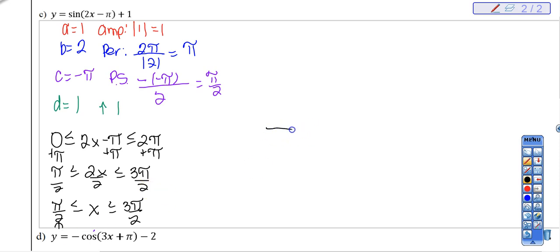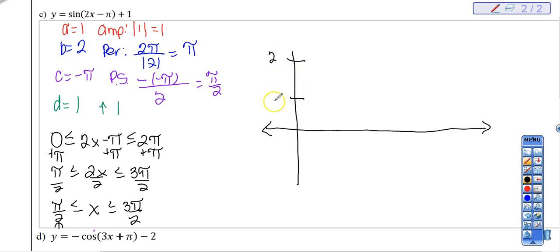So when I go to graph, I'm going to be thoughtful about, since I'm graphing in a positive section here, I don't really need much of the left side of my x-axis. And I'm also shifting everything up 1, and my amplitude was 1. So I think I'll go up to 2. Do you agree?